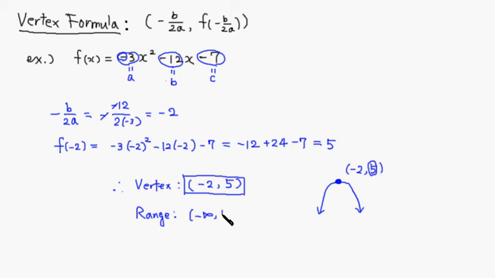Since it actually reaches 5, I have to put the square bracket to indicate that we include 5. So that's the range of the function. Right, so that's it. I hope that was clear.